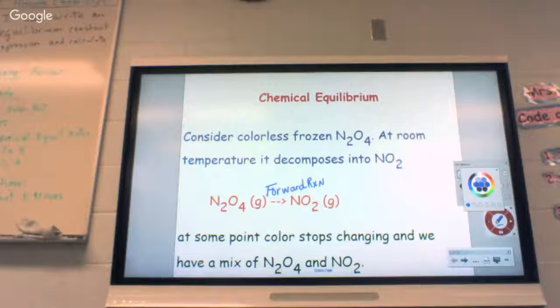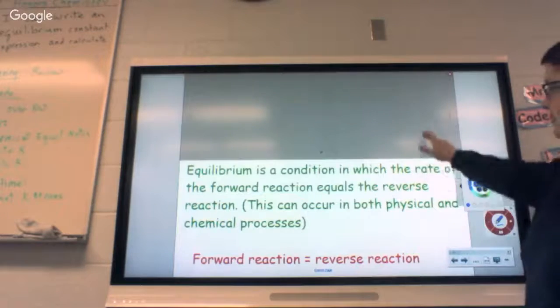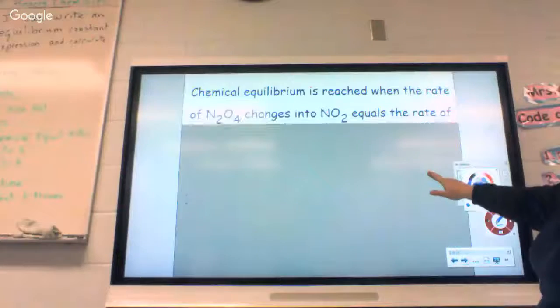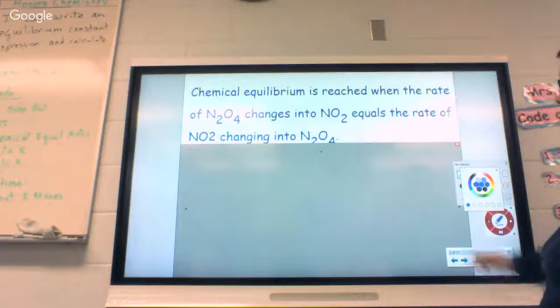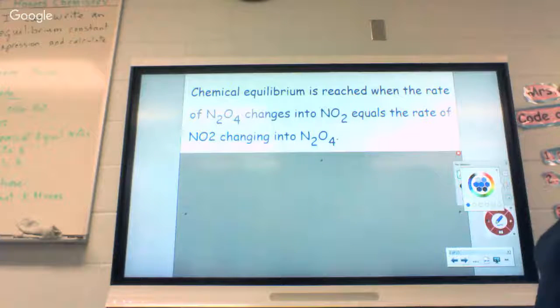All right, we caught up? Got it. So, now, chemical equilibrium is reached when the rate that N2O4 changes into NO2 equals the rate that NO2 changes back into what?